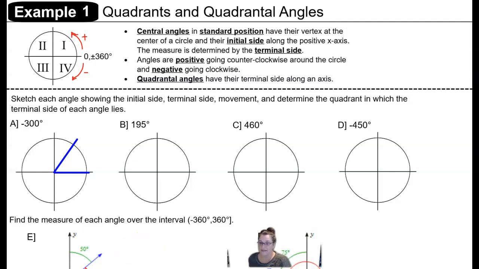Now I have to indicate the direction, and this was a negative angle, so I started at the initial side and I rotated clockwise around the circle to get to the terminal side at negative 300 degrees. And the terminal side is in quadrant 1.